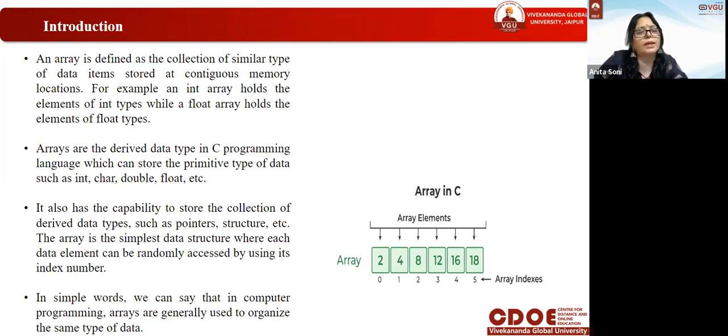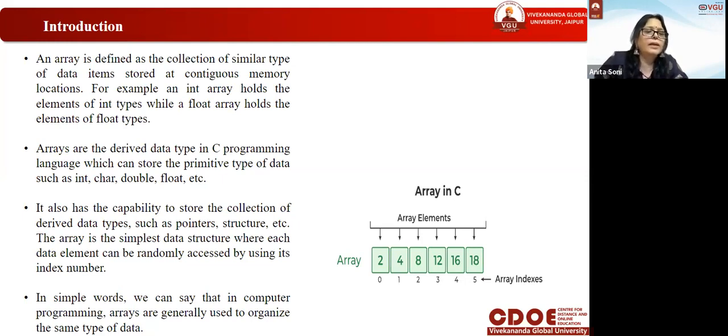These are also known as derived data types, or user-defined data types. So you can store pointer values and struct values, and you can also use an array over there.